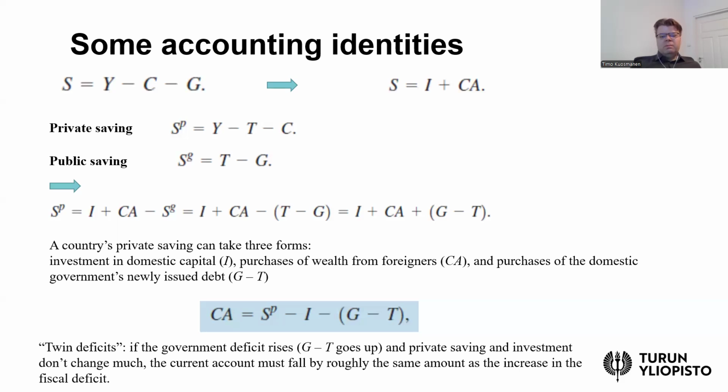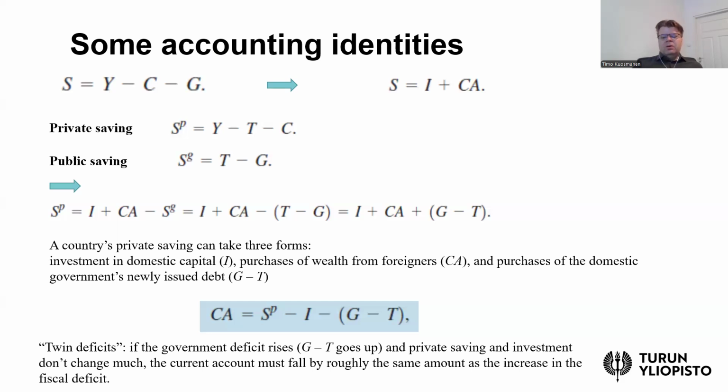If private saving increases relative to investment, this contributes to a current account surplus. But then also the government deficit: if G minus T is positive, if the government is spending more than it's collecting in tax revenue, it has a negative contribution to the current account.